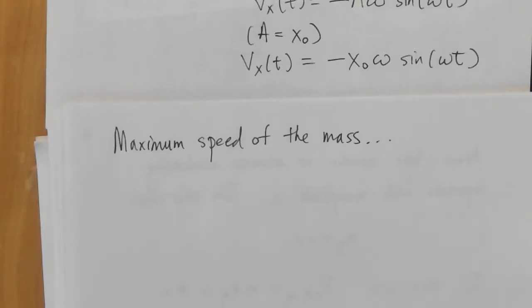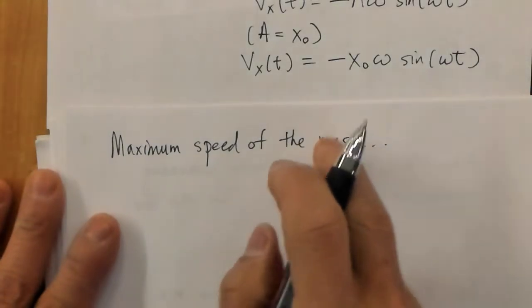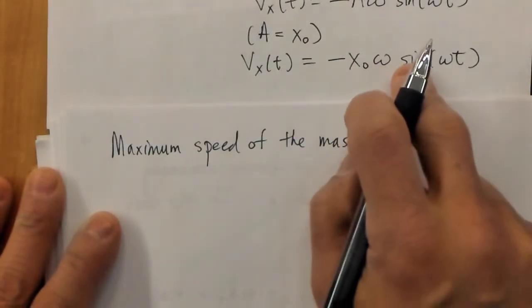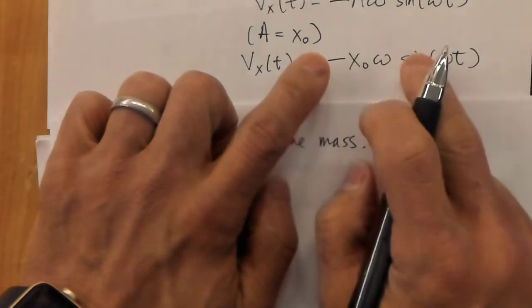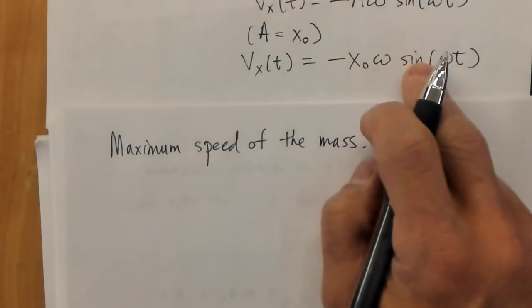What's the biggest value that the cosine function can have? 1, right? By the way, if I ask what is the lowest value that the sine function can have, what would that be? Negative 1. Same thing for cosine. So cosines and sines are bounded from 1 to minus 1.